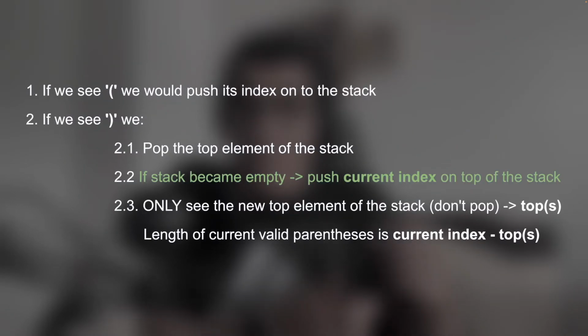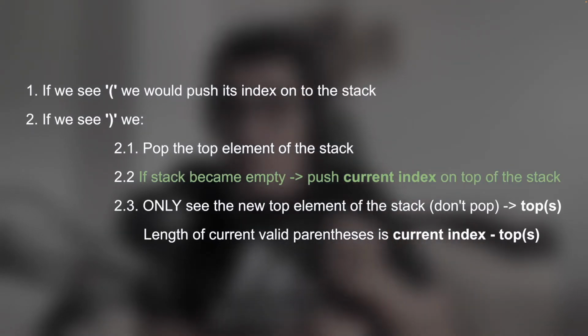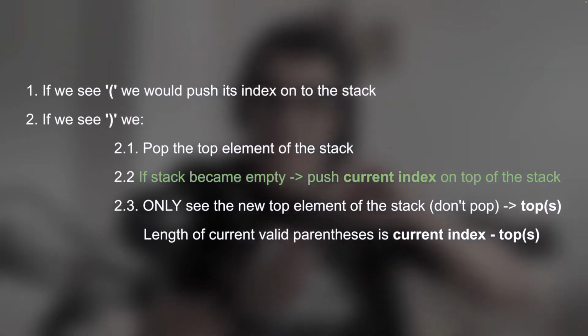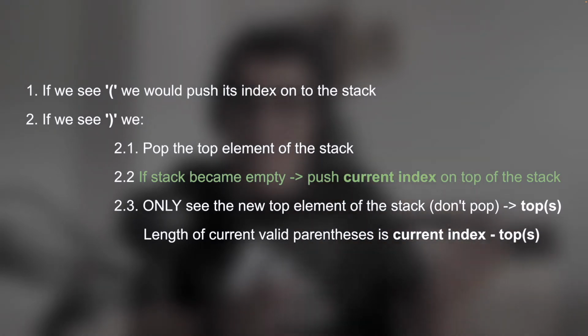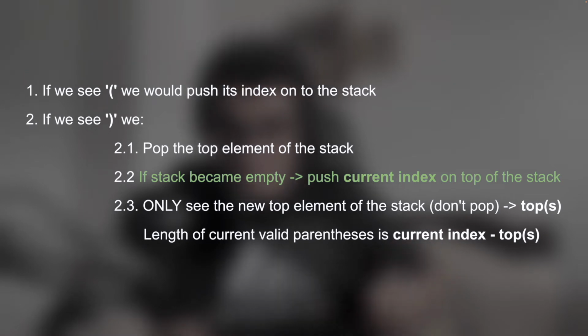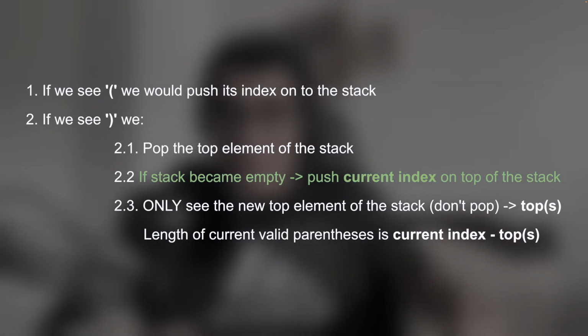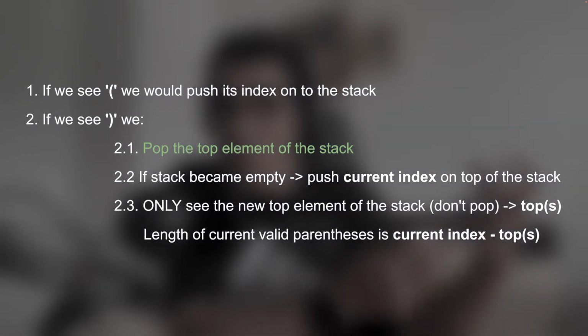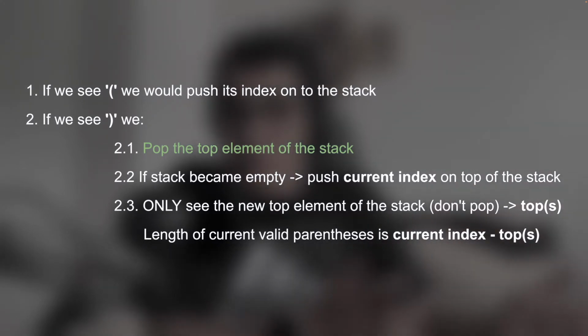Why? Because if the stack became empty, we don't have any other open parentheses that was not closed, so we put the closing parentheses index on top of the stack. And we are popping each time the open parentheses is matched by a closing parentheses.